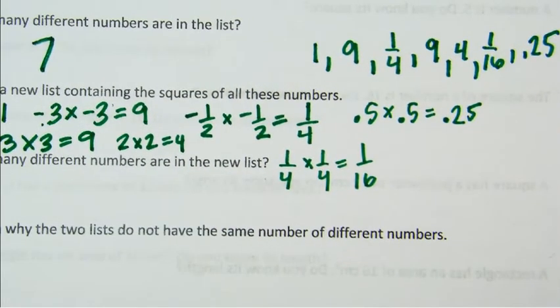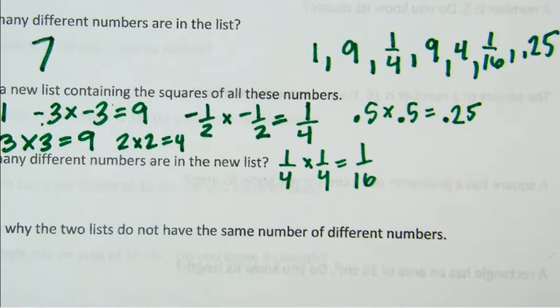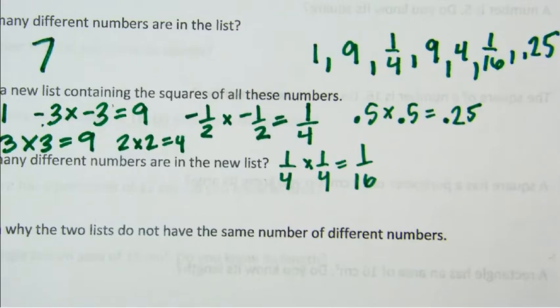Check to see that you got everything multiplied correctly, and I have a new list up there. All right, good. Everybody good with the list?